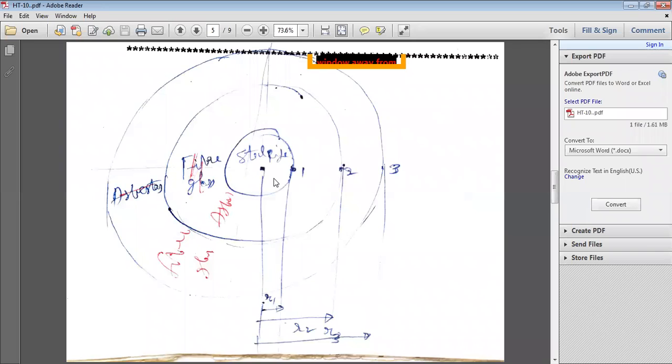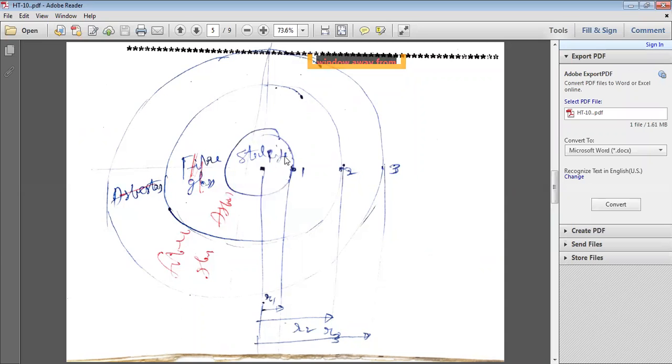The steel pipe of outside radius or radius R1. Second one, asbestos, of a radius from the center, that is R2. And third material, fiberglass, from the center, that is at a radius of R3. This is the steel pipe. Only outside diameter we are taking, outside radius.